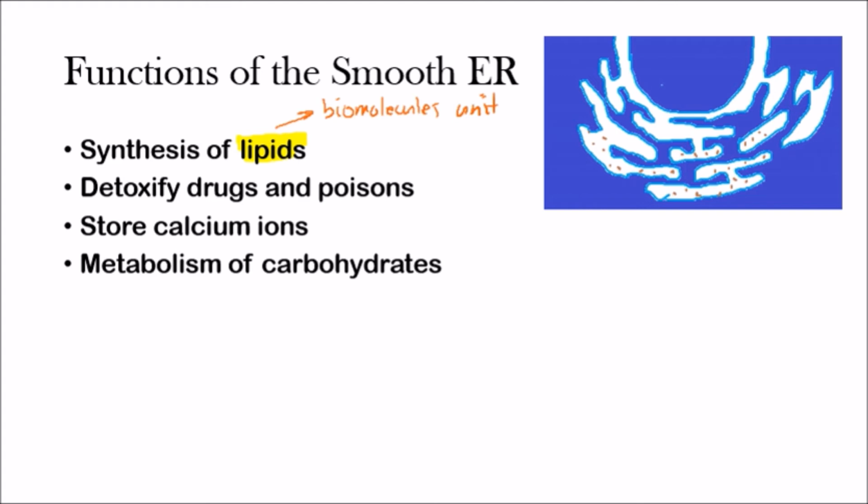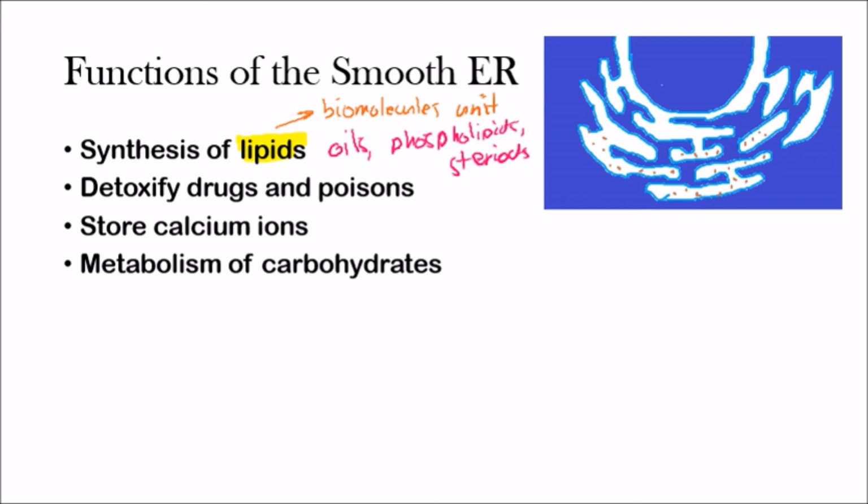So, functions of smooth ER: they synthesize lipids. These lipids can be anything from oils to phospholipids to steroids. These are all lipids, and you should know this from the biomolecules unit. These lipids can all do different things.